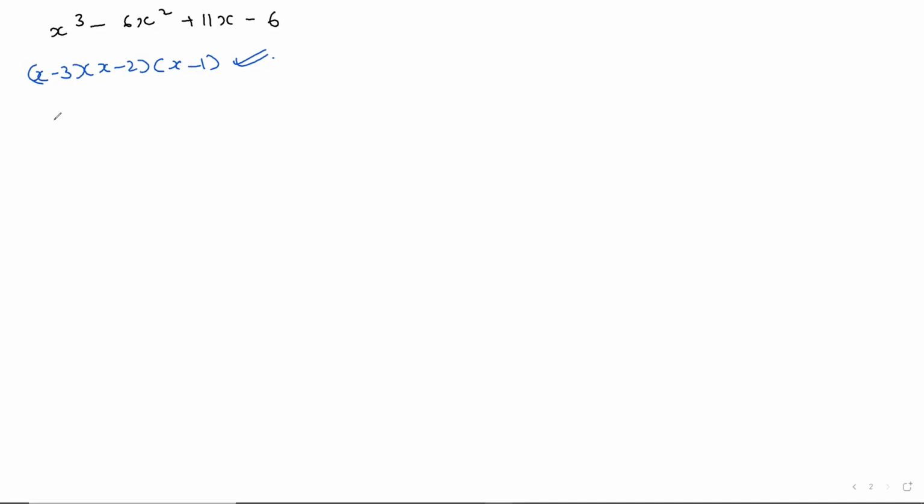X cube plus x square minus 4x minus 4. And Hamna, what was your answer? Ma'am, x minus 2 into x plus 1 into x plus 2. And Mridula?